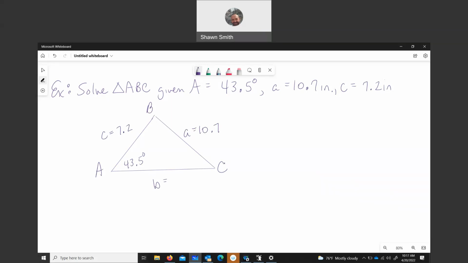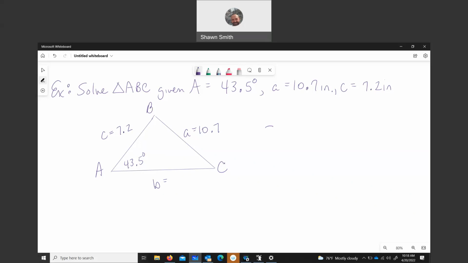And I have angle C and side C. The only thing missing there is angle C. We're forced to solve that, right? Because angle B and side B are unknown. So I'm forced to find the angle first. I have to consider if two triangles can be made.